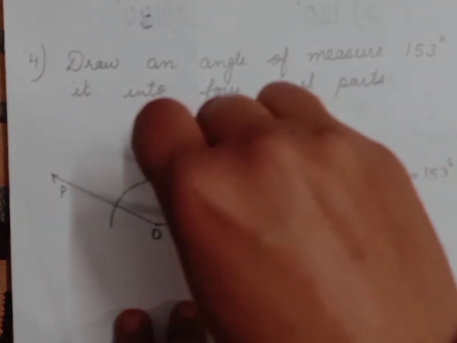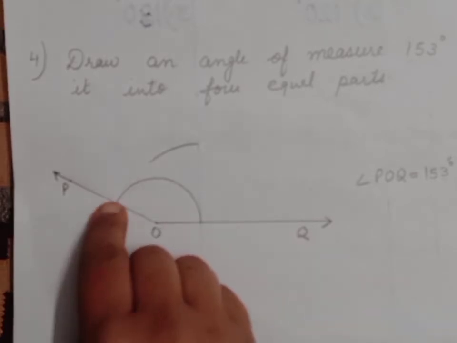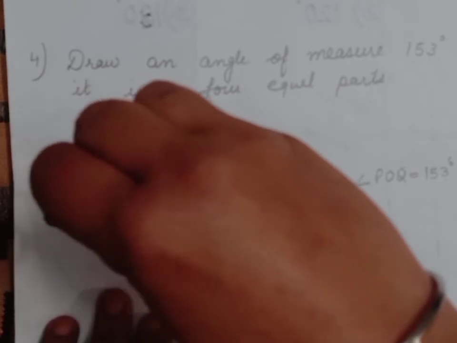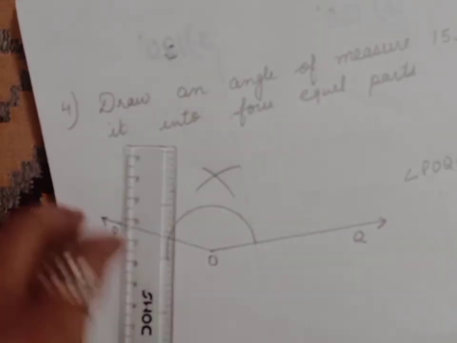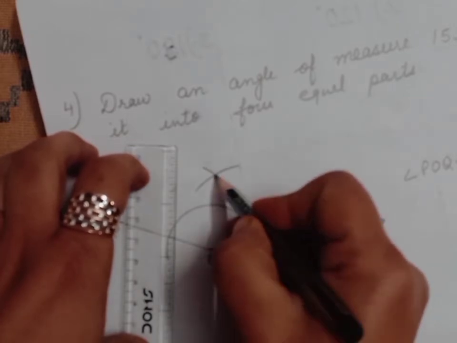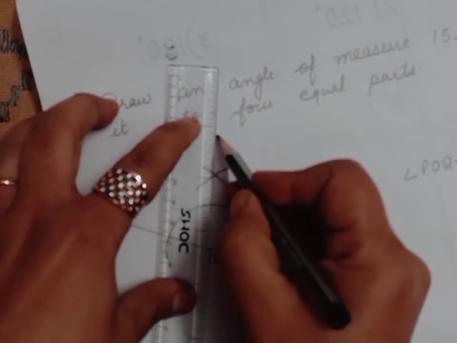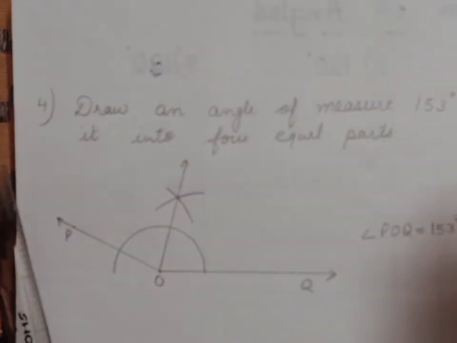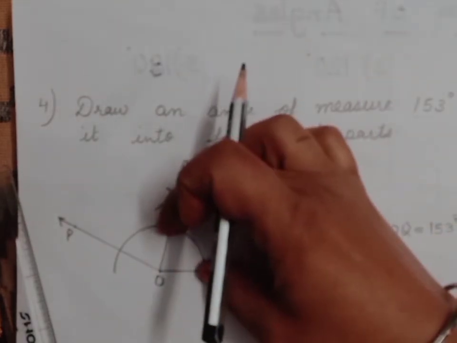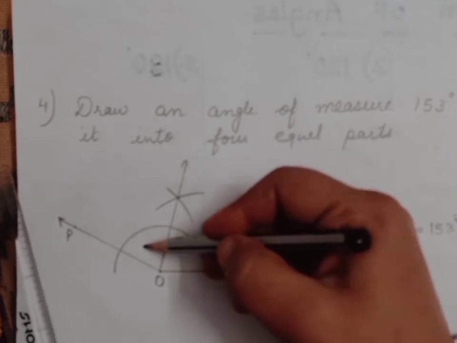Now cut the arc like this from this 0 degree and from 153 degree. Now you can see by joining these 2 points, I have got here the angle bisector of this angle POQ. Now this angle POQ is divided into 2 equal parts. One part is this and another part is this. You can say one half is this, another half is this.